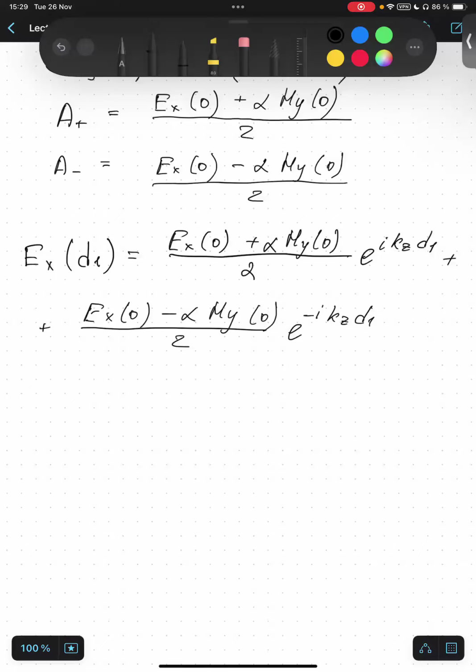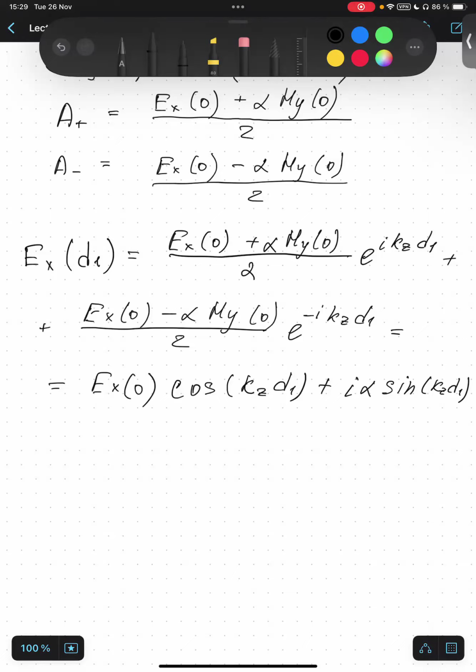Or we also can rewrite it using the sine and cosine function. So it is Ex 0 cosine kz d1 plus i alpha sine kz d1.